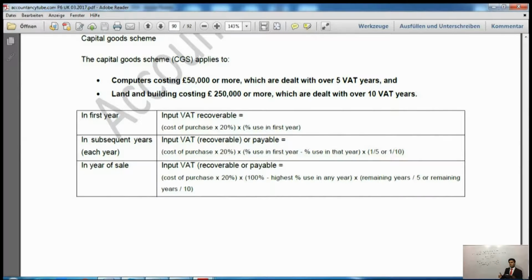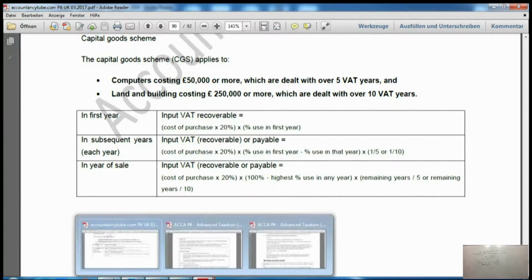Say, for example, in year 1 it was 60%, in year 2 it was 70%, and at the maximum we used it for 95%, so we'll deduct the 95% from here. Then we multiply by the remaining years out of 5, divided by 5 for the computers, or if it is land and building, we divide by 10. Alright? So that is the capital goods scheme.